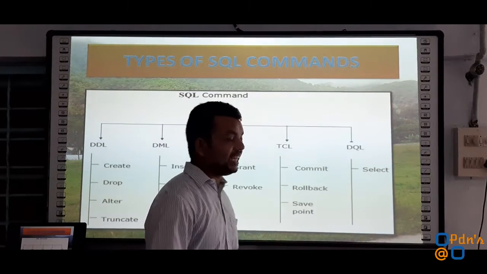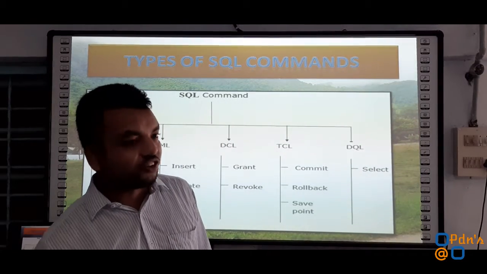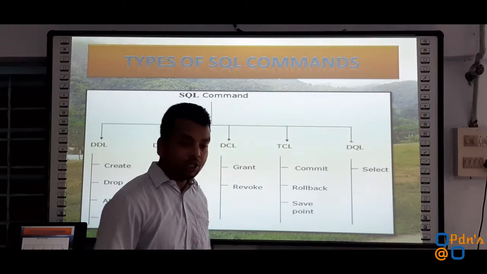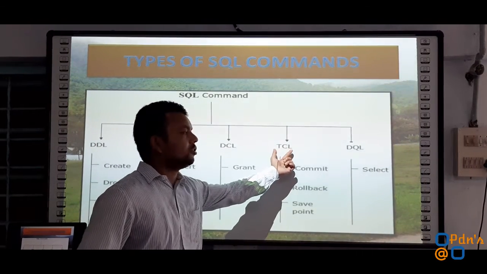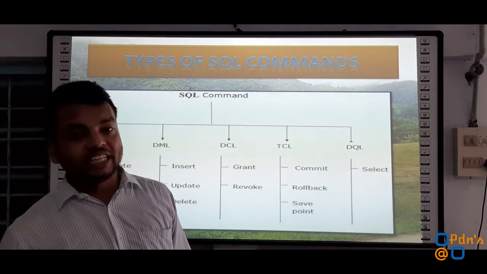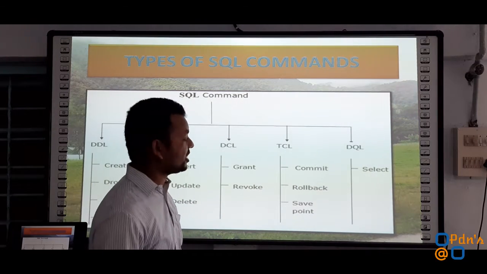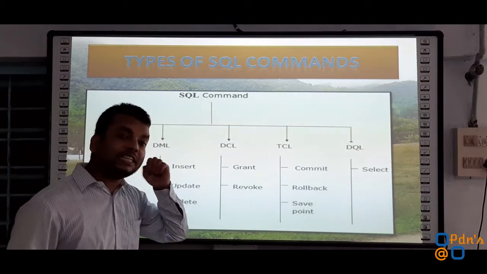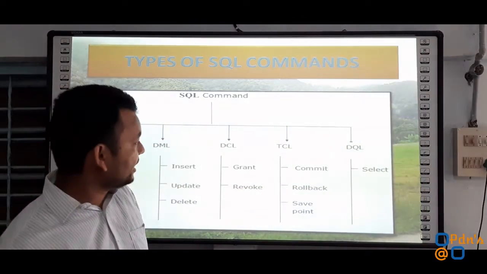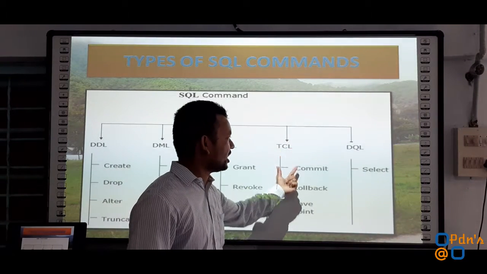Then the 4th category is TCL. TCL stands for transaction control language. Transaction control language is generally used by banking management systems. For example, the software generally used in banks will use this transaction control language.